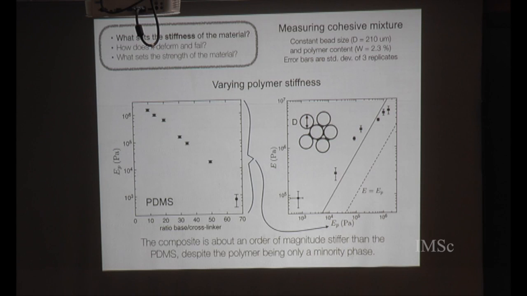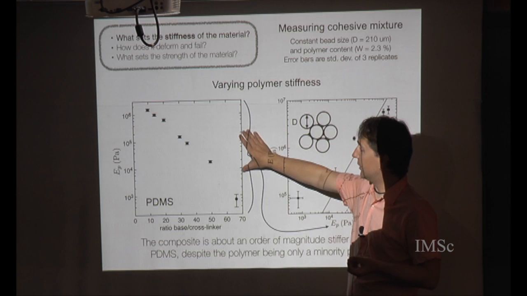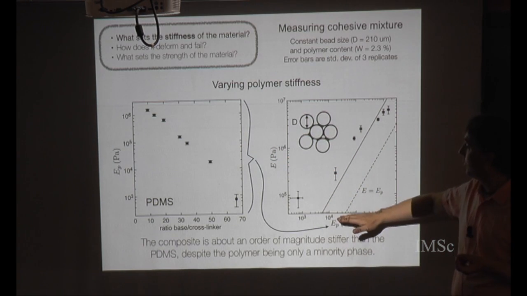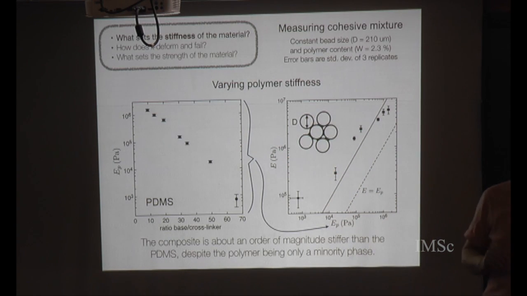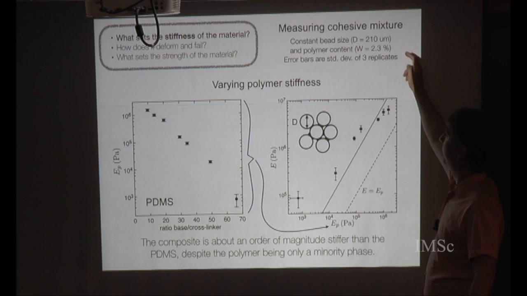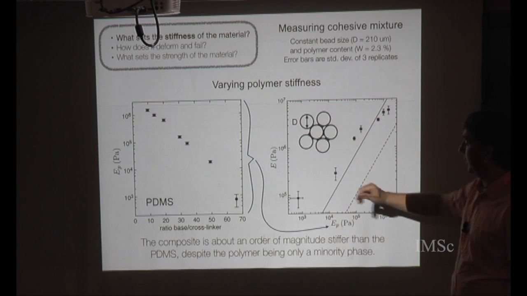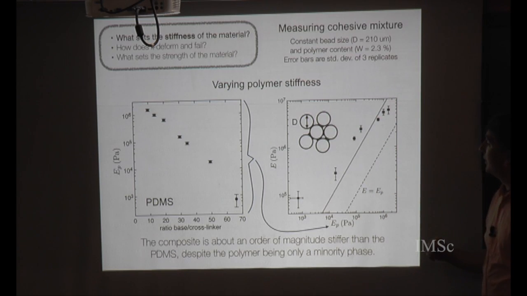If you then use that as your control parameter, so we're taking the elasticity of the polymer and using it as a control parameter, we're keeping everything else constant, so we have beads which are 210 microns, and we add 2.3% of polymer. Error bars are a result of 3 replicates.